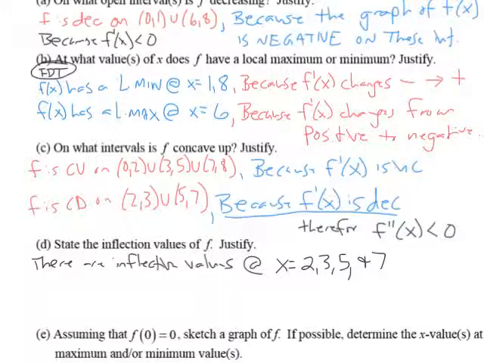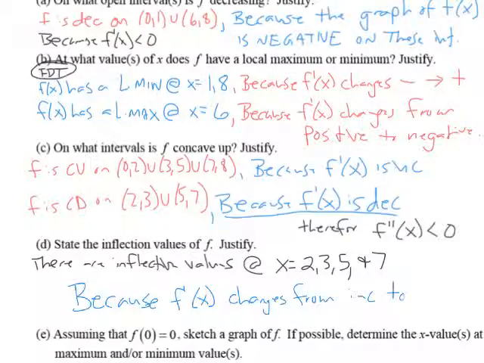Anyways, the justification, again, base it off of what we are given. Because f prime of x changes from increasing to decreasing, or vice versa, or decreasing to increasing.